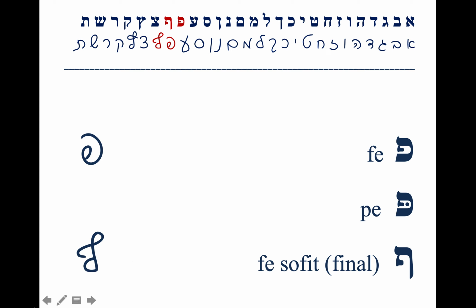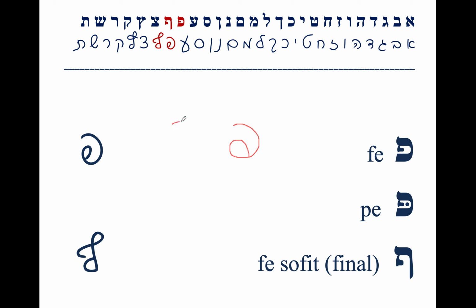The next letters are the letters fe, pe, and fe sofit. Okay, so the way you write it's very simple. You start from the top left and you do this and you connect.